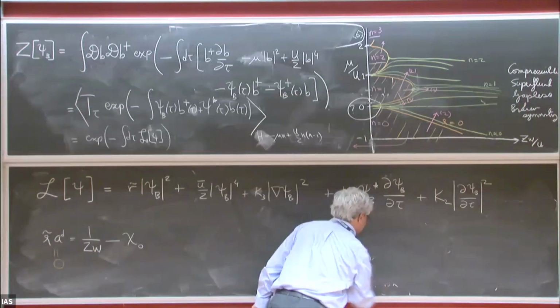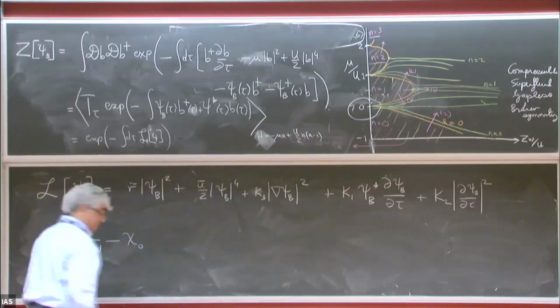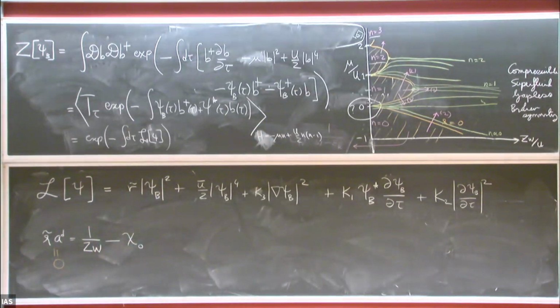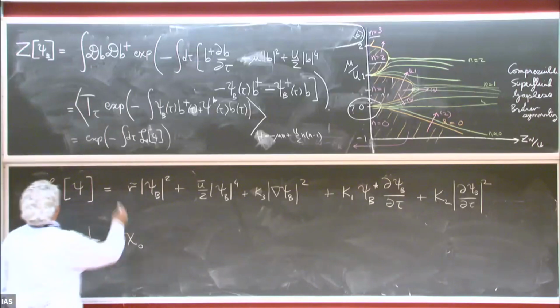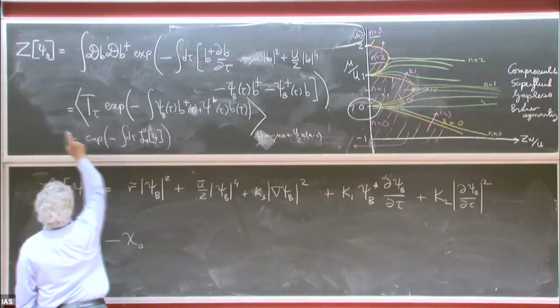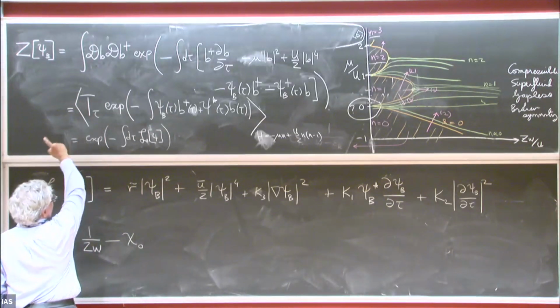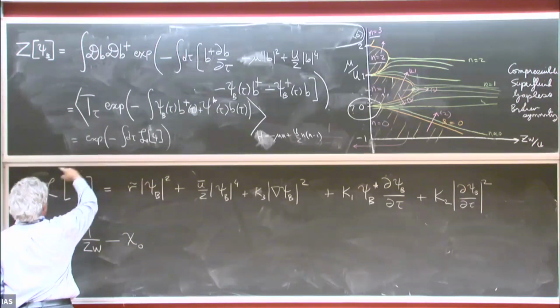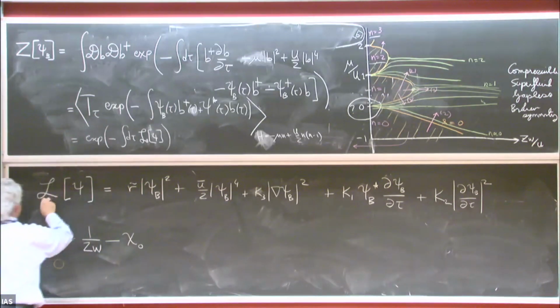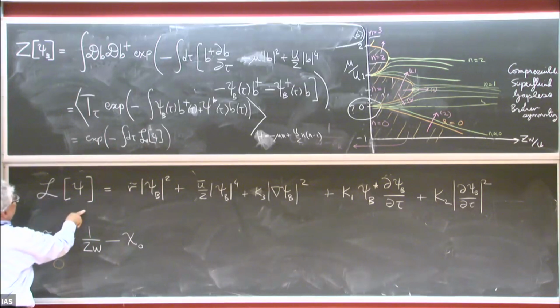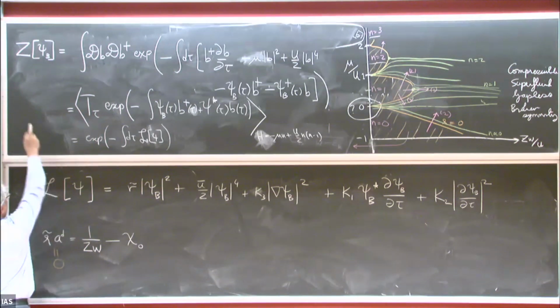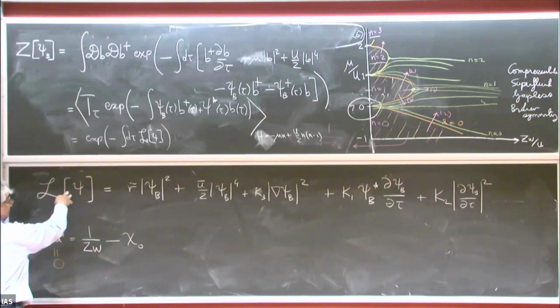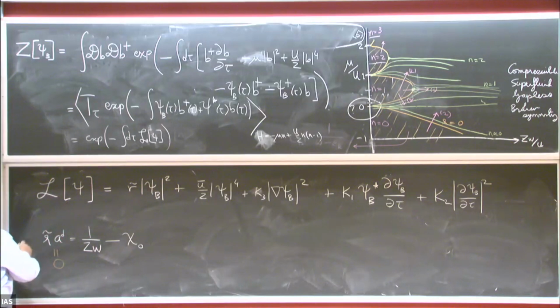All right, so here's my Lagrangian, and the problem, I've reduced everything now to evaluating the original Hamiltonian. I've evaluated Z of psi b, and that's equal to exponentials of this. Z of psi b is the exponential integral of this. Okay, so that's Z over there.